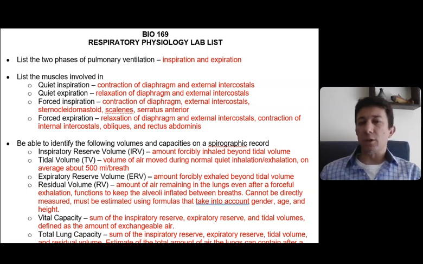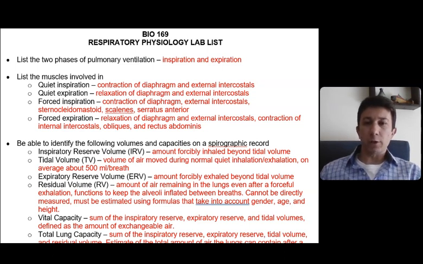Now, forced inspiration, on the other hand, will occur during exercise or some other type of vigorous activity where we need to exchange larger volumes of air between the atmosphere and the alveoli so that greater gas exchange can occur.